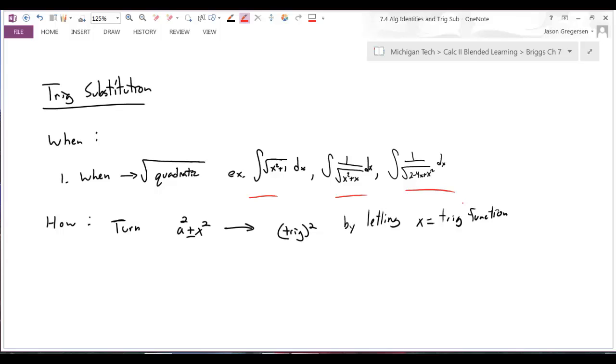Because what makes it difficult is we have the sum of squares. If it was just one thing squared, it's much easier for us to handle. To do that, though, we're going to need some trig. We're going to need to put a trig thing in here. So that's the big picture that I want you to see before we go into the details.